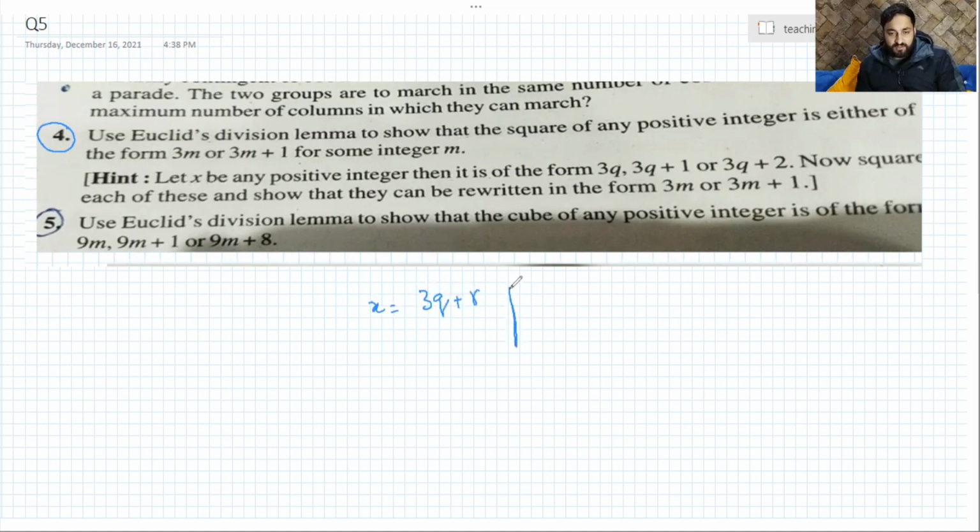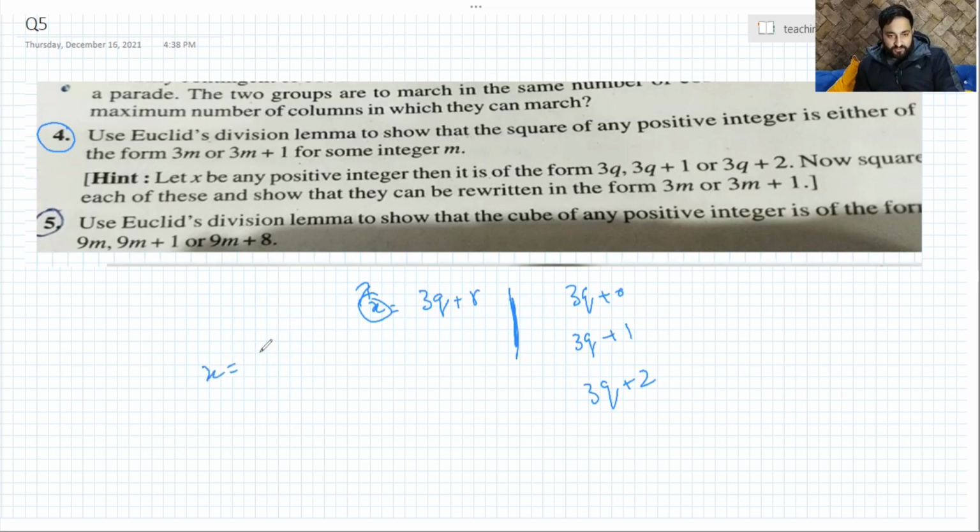What are the equations? 3q plus 0, 3q plus 1, 3q plus 2. Let's square this and find whether its square can also be represented in the form of 3m or 3m plus 1. Let's find it out.